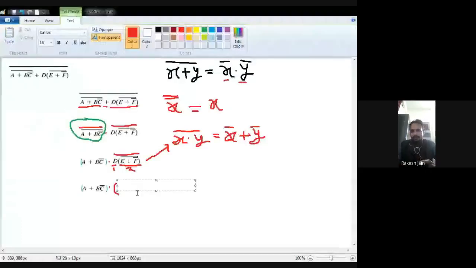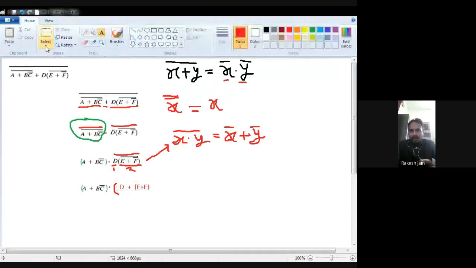I write down the first term x, that is your d, then plus, and the second term is in a bracket, that is e plus f bar having a total bar.